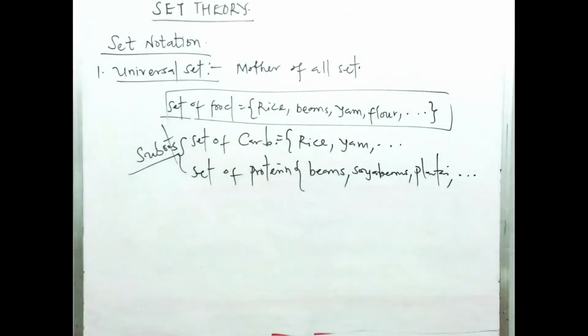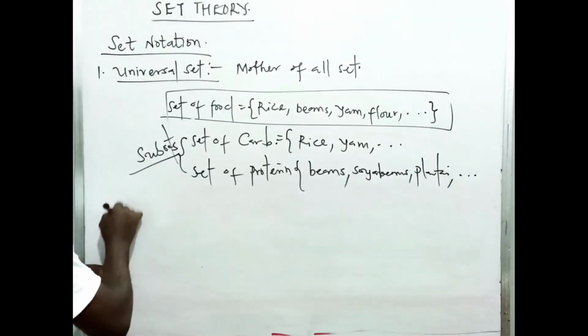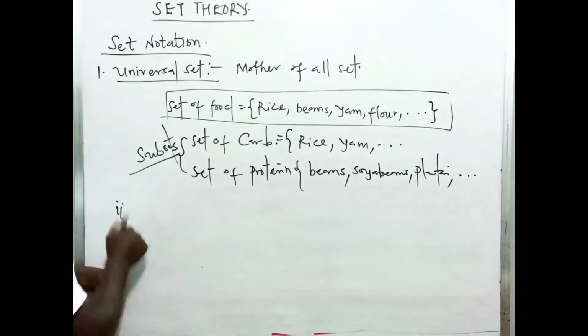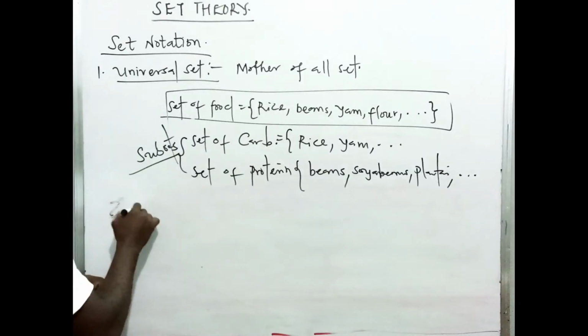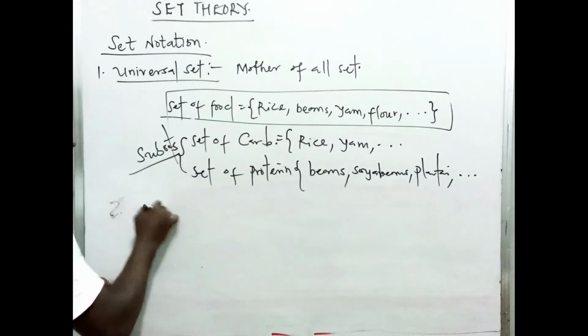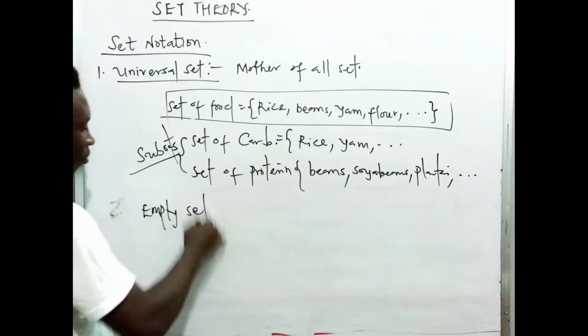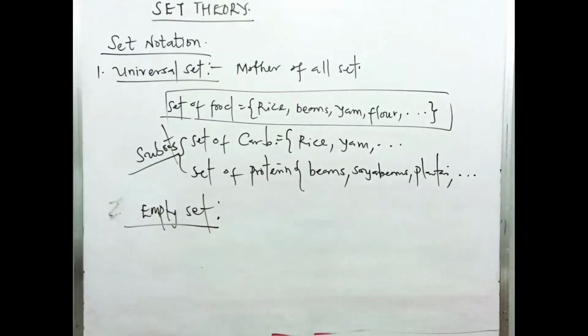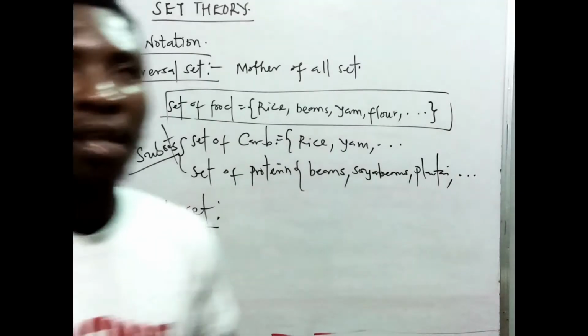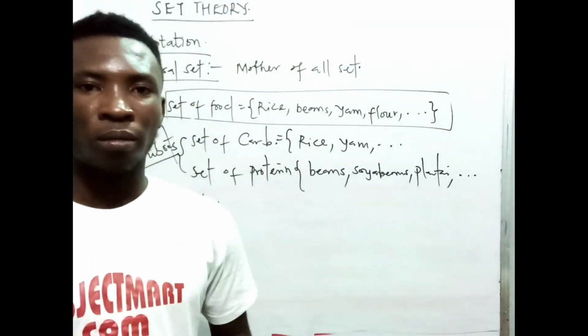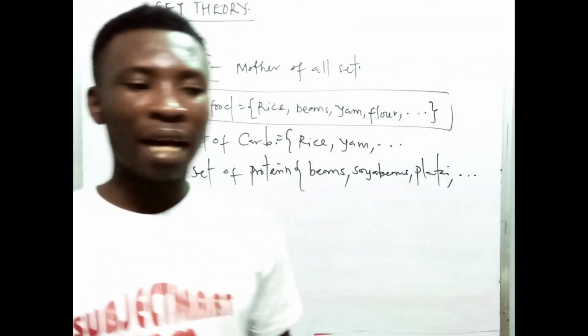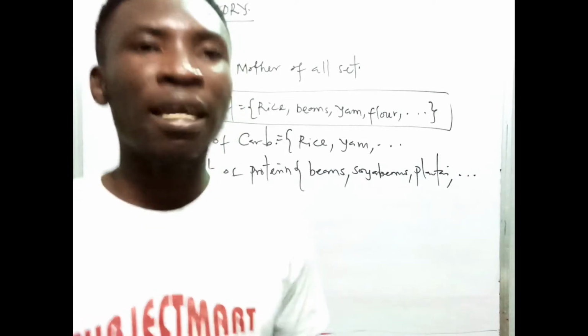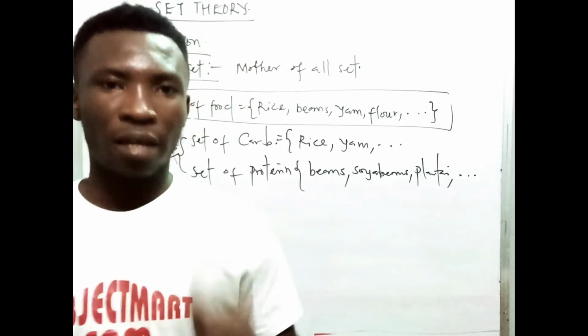Now, going further, there's what we call the empty set. An empty set is a set that has no content. When I say it has no content, I mean your empty set has no element.